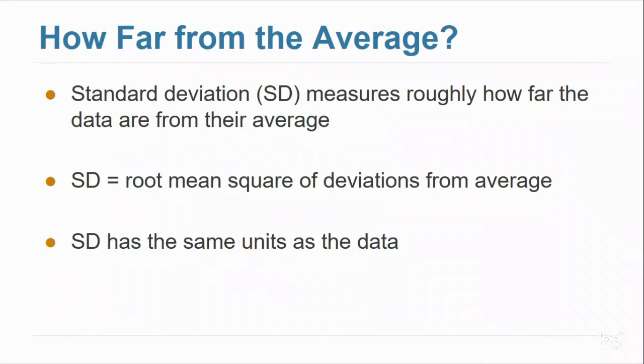That means that it's the square root of the mean of the squares of deviations. That's a complicated thing, and we can compute it all in one command using the np.std command in Python. The standard deviation has the same units as the data, which lends itself to interpretation.